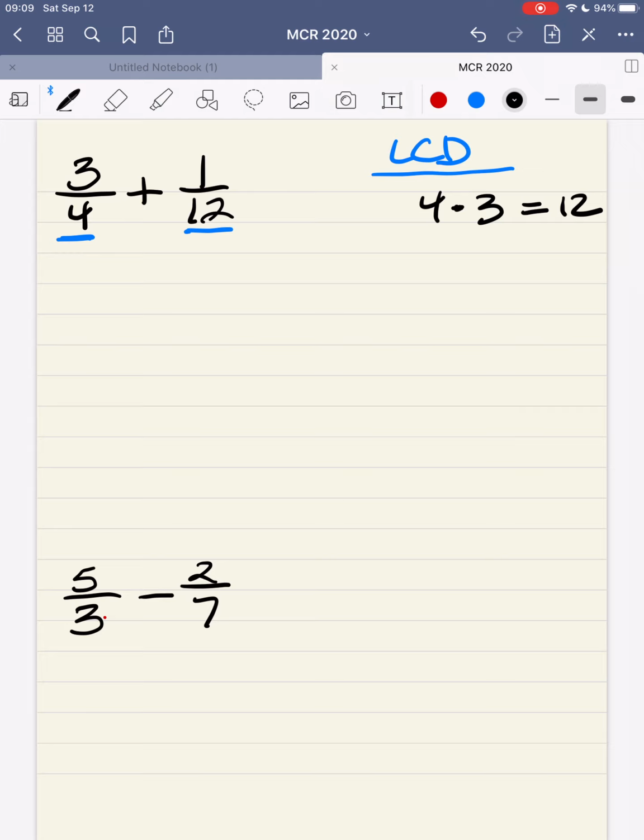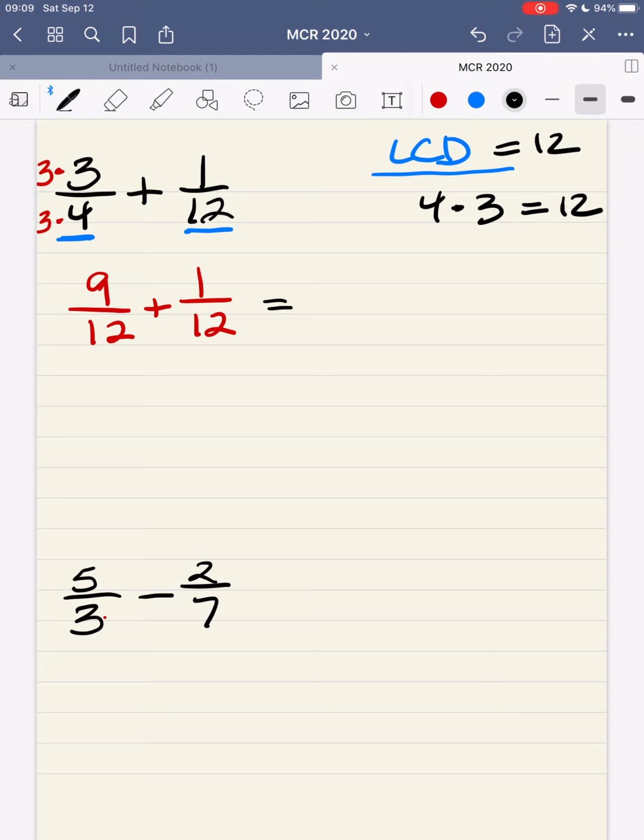So my LCD in this case is going to be 12. So I'm going to multiply the top and bottom of my fraction by 3, which is going to give me 9 over 12 plus 1 over 12.